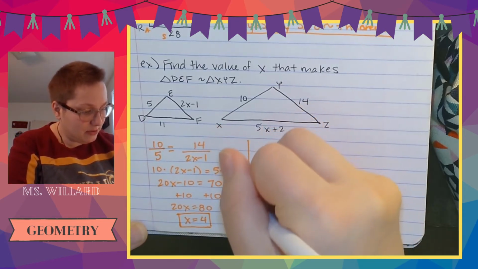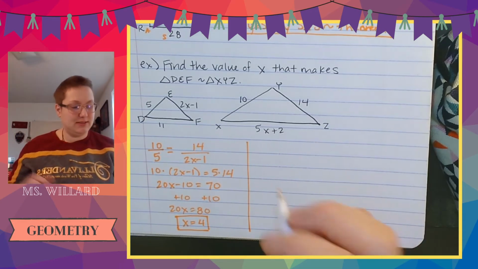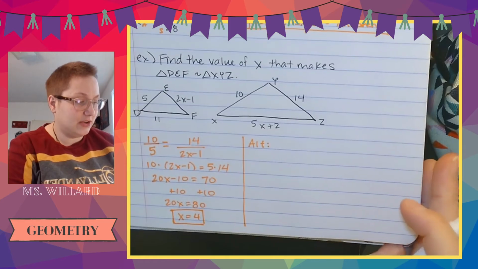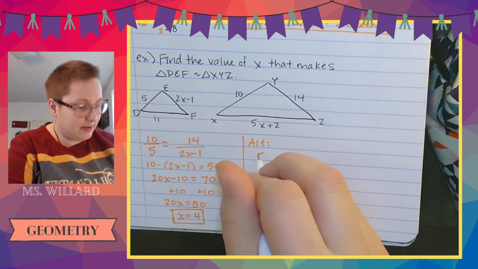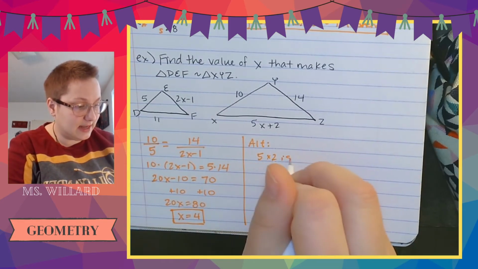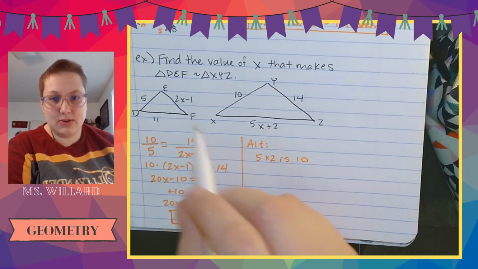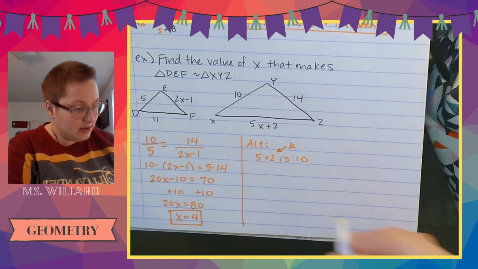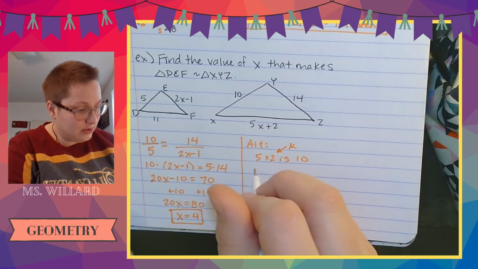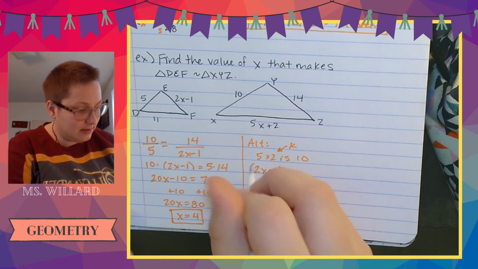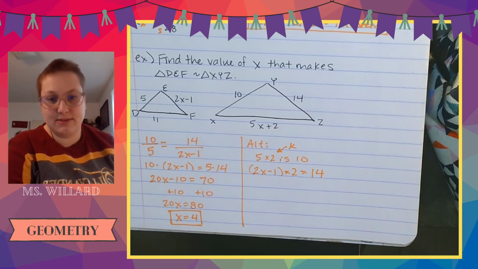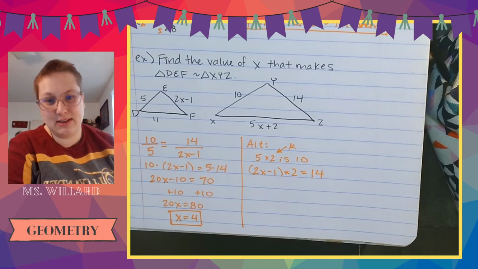I'm going to show you a different option. Here's an alternate. I know that 5 times 2 is 10, so that's my k value. So I know that 2x minus 1 times 2 should be 14, and I can solve this a lot faster than the other problem.